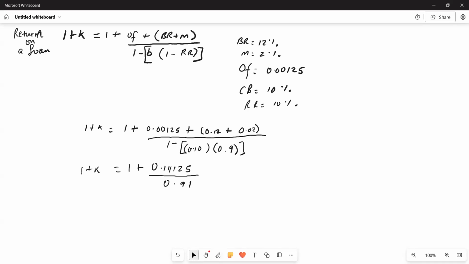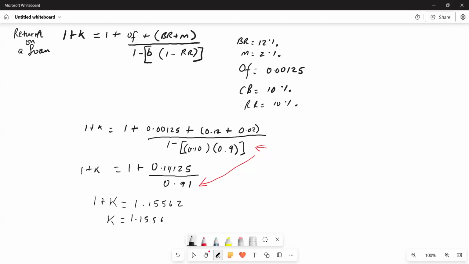So when you calculate, when you work out this part, this is what you get, right? When you work out the top, this is what you get. Okay, so 1 plus K is equal to 1.15562.